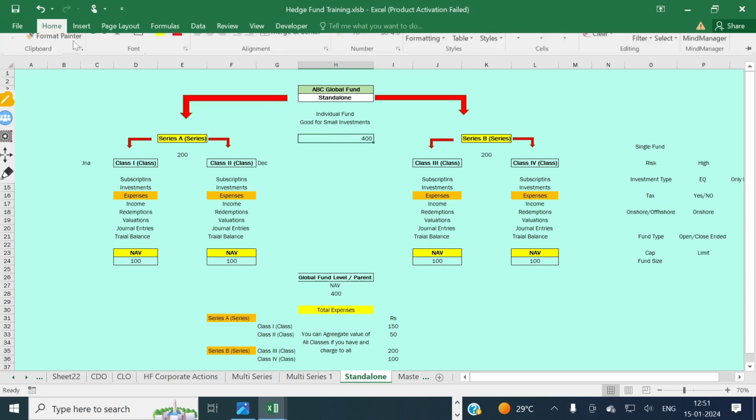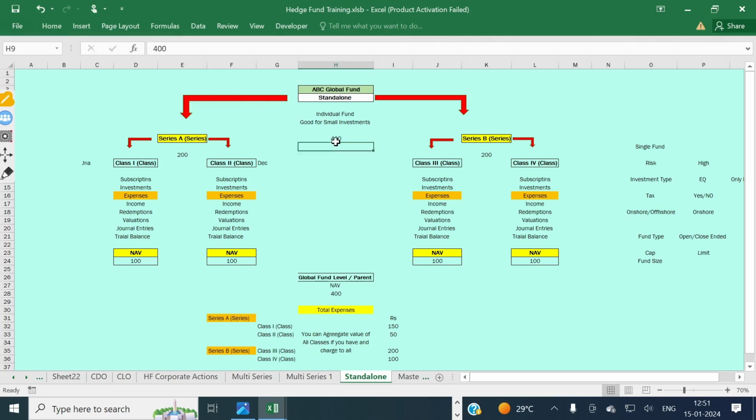So when we calculate NAV, we ensure your fund NAV would be 400, your series NAV would be 200, and your class NAV would be 100. This is how the allocation works. This is how a standalone fund structure also works.